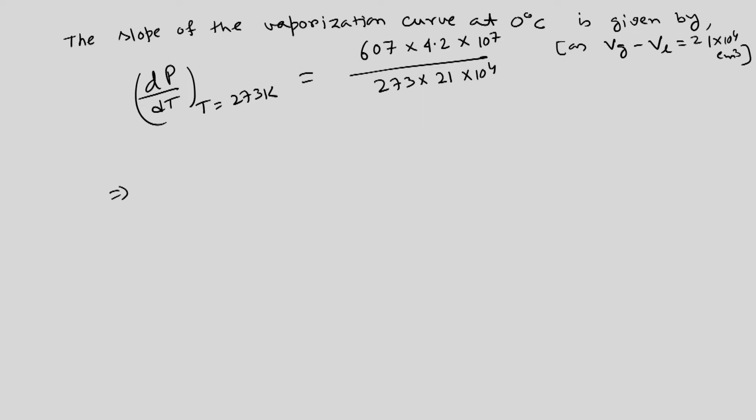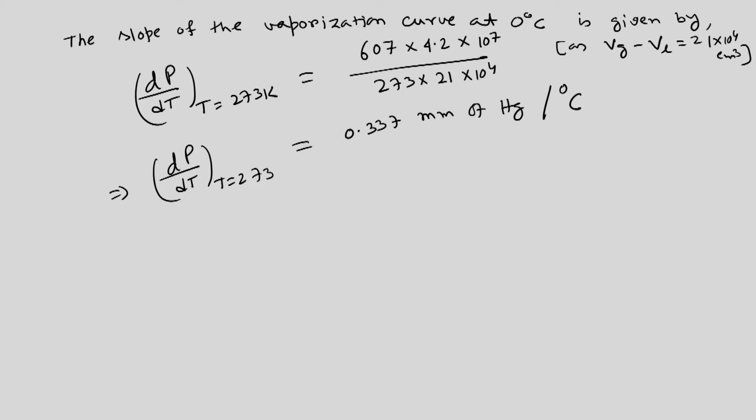Okay, so we get dP by dT is 0.337 mm of Hg per degree Celsius. So, this is the value of dP by dT for the vaporization curve. Okay.